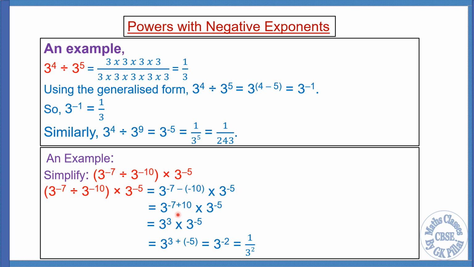So this will become 3 to the power of minus 7 plus 10 into 3 to the power of minus 5. So 3 to the power of 3 into 3 to the power of minus 5. So that will be again a multiplication sign here, 3 to the power of 3 plus minus 5, 3 to the power of minus 2, that will be 1 upon 3 raised to the power of 2.